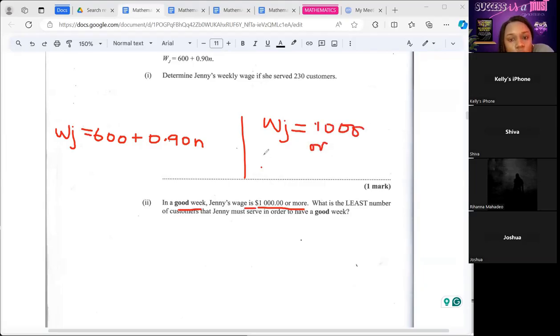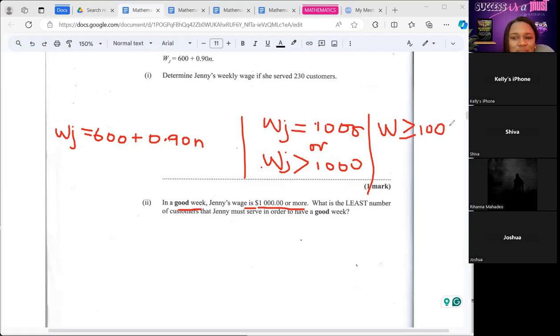Or Jenny's wage can also be greater than 1,000. Because her wage could be equal to 1,000 or greater than 1,000, to put this as one inequality, Jenny's wage will be greater than or equal to 1,000.